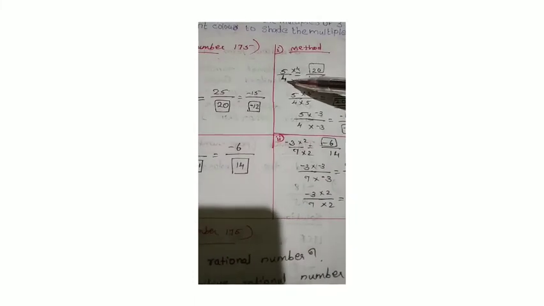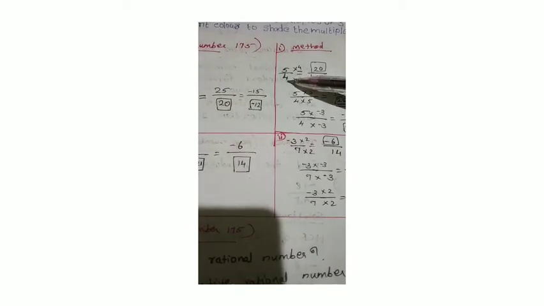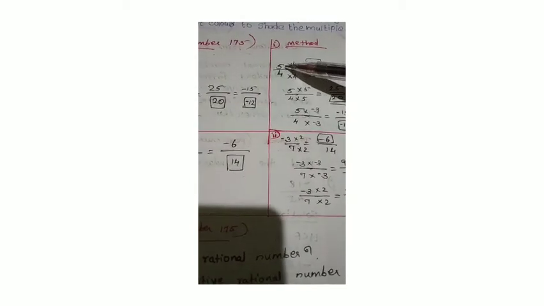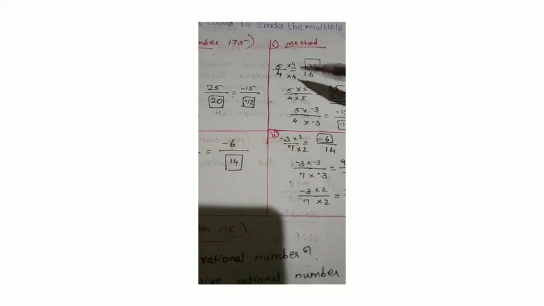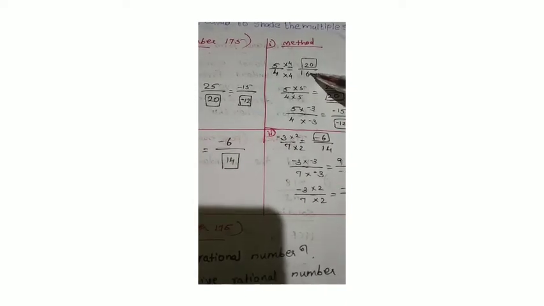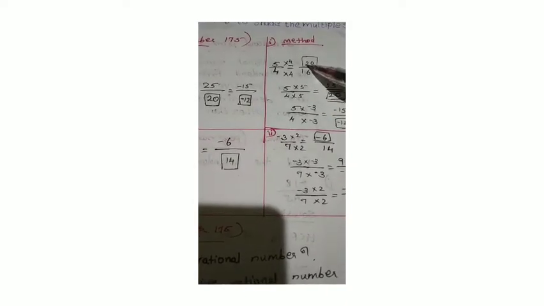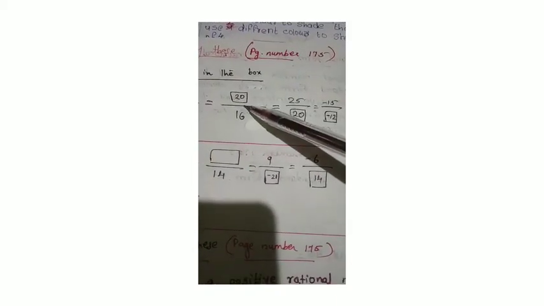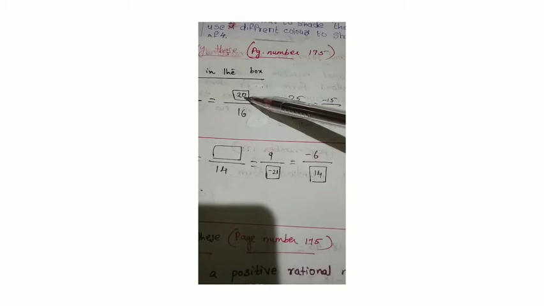That is 5 on 4 into 4 and into 4. Multiplied both numerator and denominator by 4. So at the time here 16. That was our question. Here which number? 20. So we have to write the 20 as numerator. So we got the first blank.